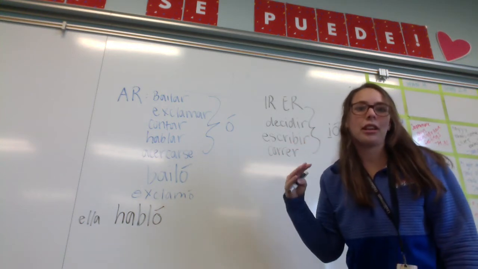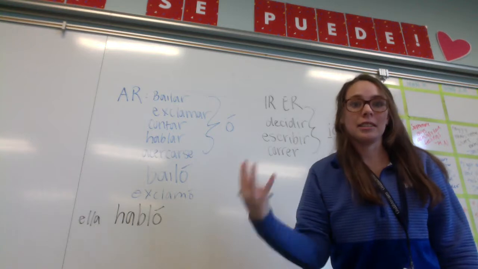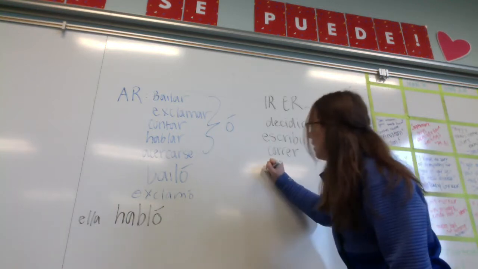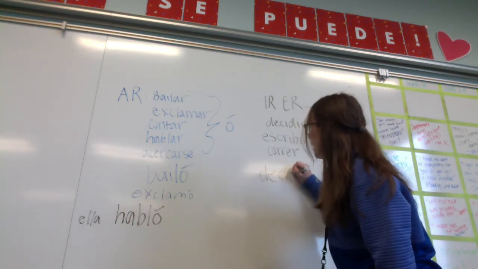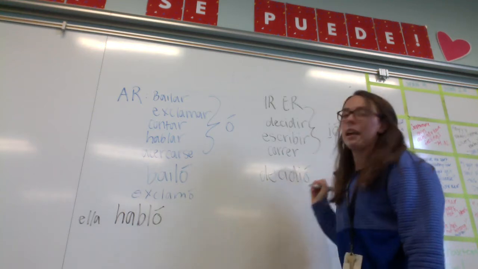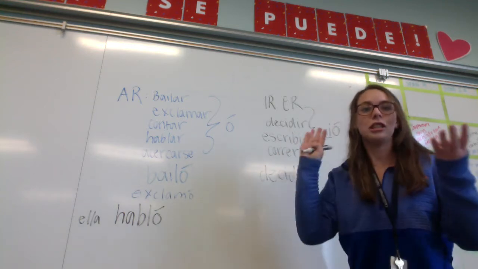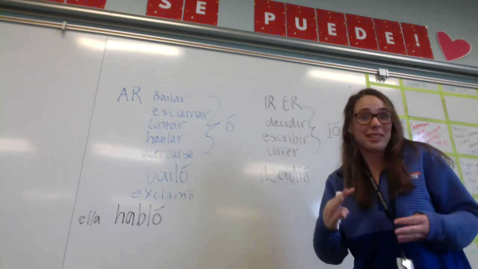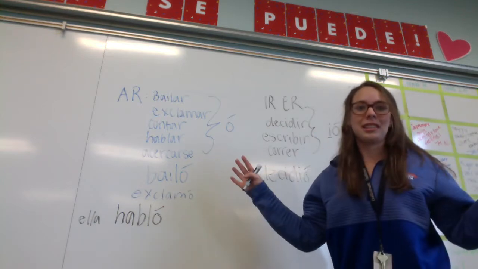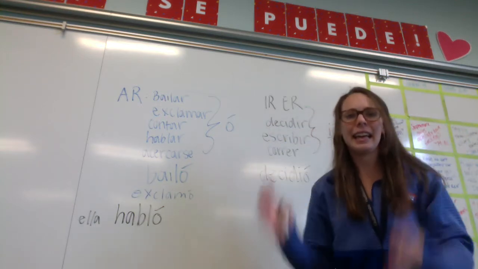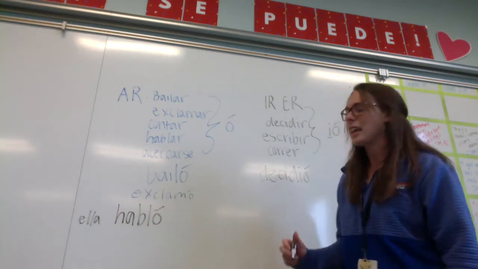Así que si quiero decir la chica decided, ella decidió. Ella decidió. She decided that one time, not that she was deciding something, but that she decided. Ella decidió. She decided.